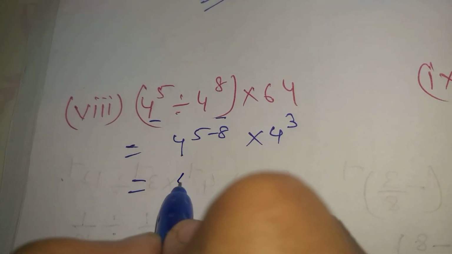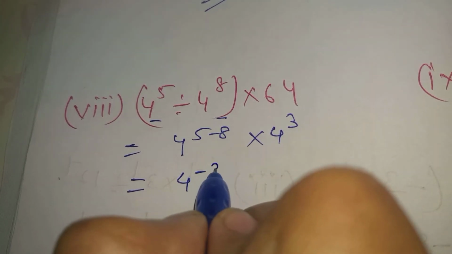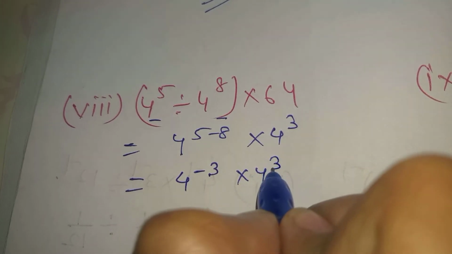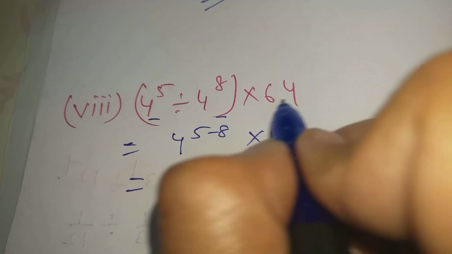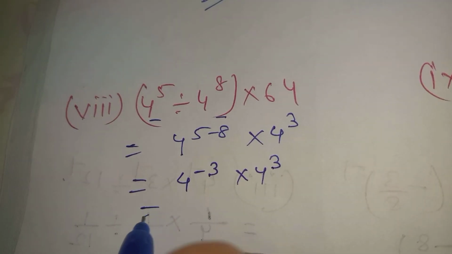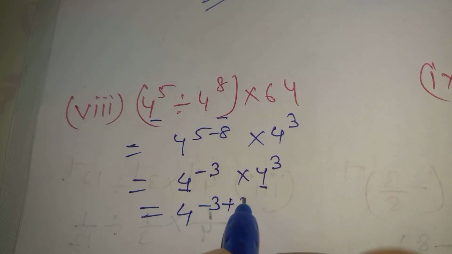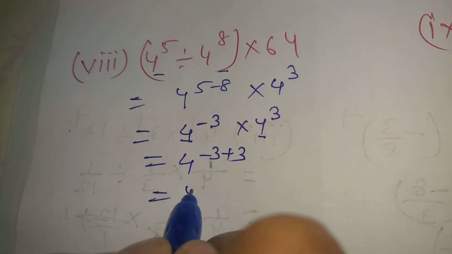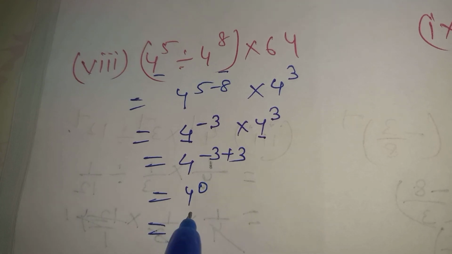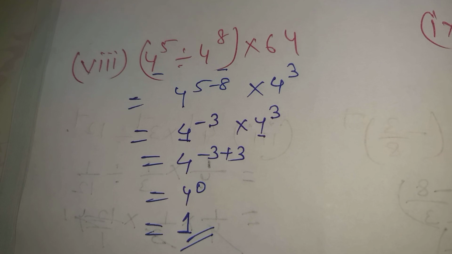Then 4 to the power 5 minus 8 is minus 3, and this is 4 to the power 3. You may leave it as 64 also. Okay, now once again the bases are the same, so we may write minus 3 plus 3, that means 4 to the power 0, and as we know any number to the power 0 is equal to 1, from the fourth law.